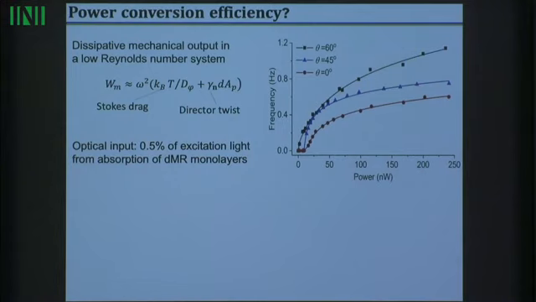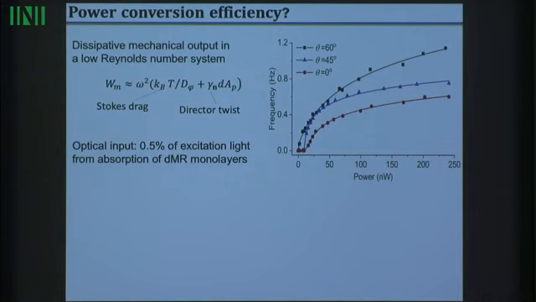So now, remember, I told you that at some moment we'll discuss why we have this type of threshold and square root type of dependence in our case, right? Well, the optical power is dissipated into two things. One is the rotation of this platelet in the viscoelastic medium. The other one is the director distortion that is also being generated and relaxing all the time.